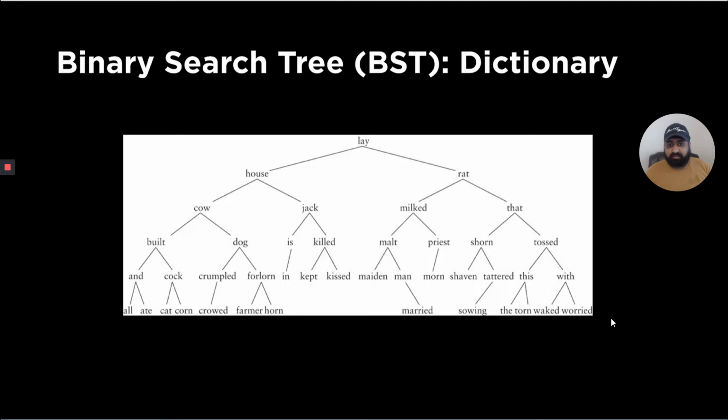One example where BSTs are really commonly used is, let's say we want to model a dictionary or store all the words possible in the English alphabet.